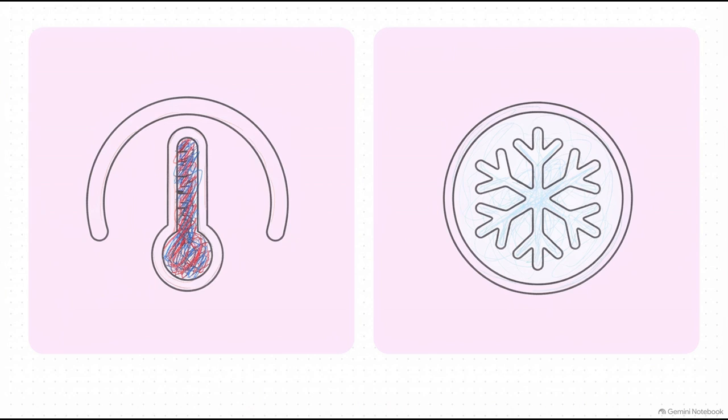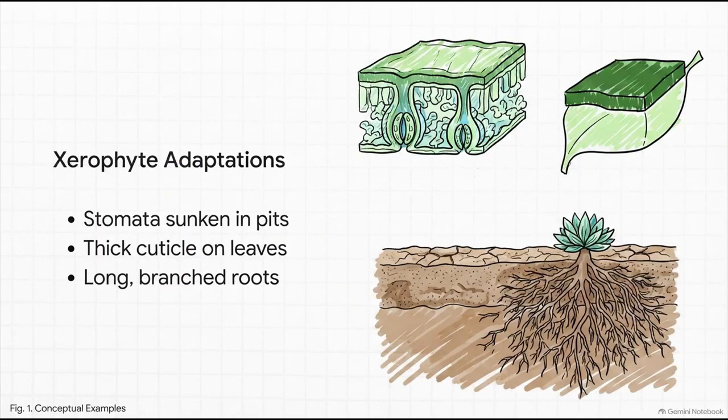They are tough, and they can tolerate massive temperature swings, making them highly adaptable to changing seasons. Then, on the flip side, you have stenothermal organisms. These guys are the specialists. Their biology is incredibly delicate, meaning they require perfectly stable conditions and can only handle a very narrow range of temperatures to survive.